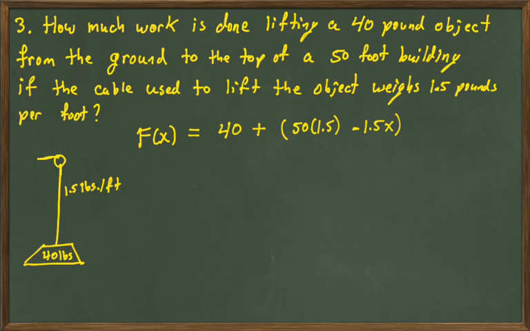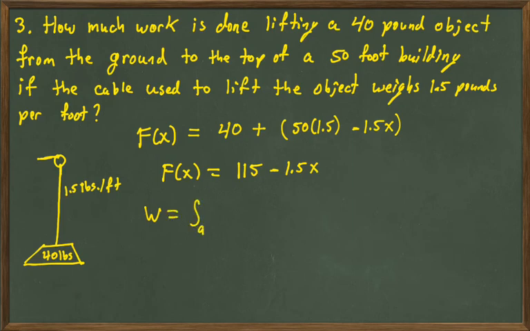So that's our force. Our force equation is going to be 115 minus 1.5x, after I combine my like terms: 40 plus 50 times 1.5 is 115, and then minus the 1.5x.